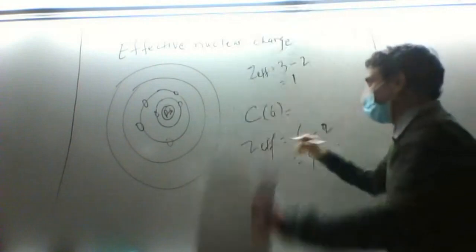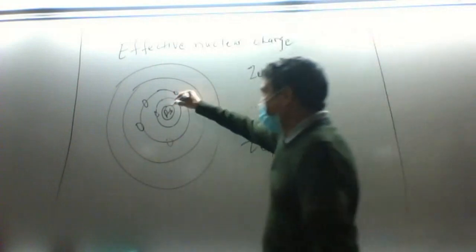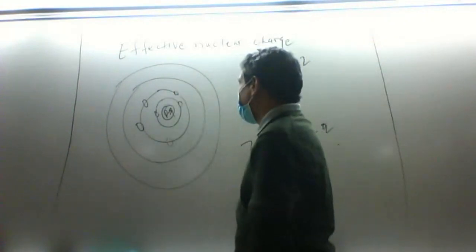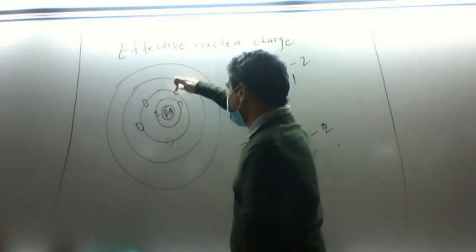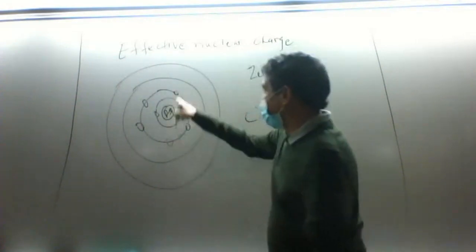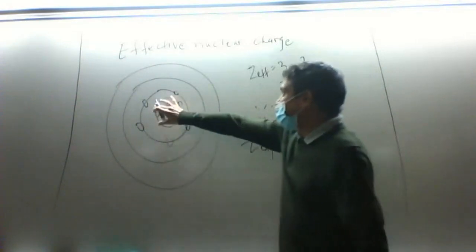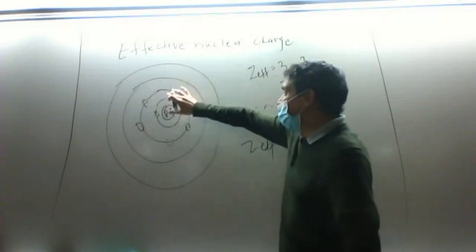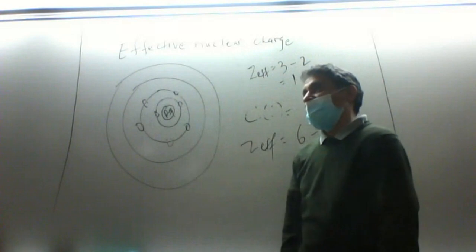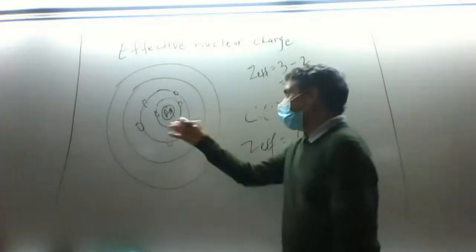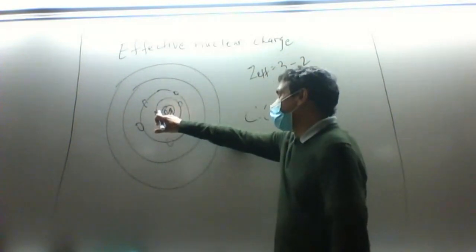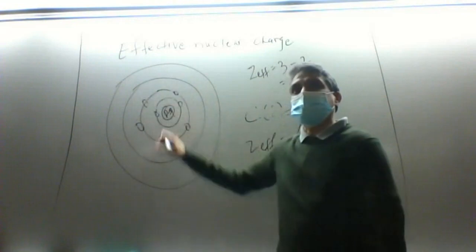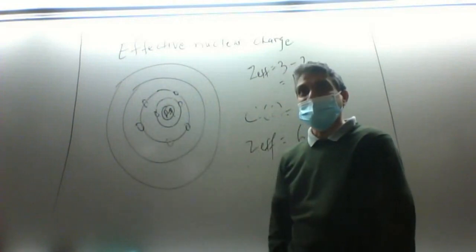Now you can keep going. You go to 7. 7 is nitrogen, and there are 7 protons. So 2 electrons are already there, then 1, 2, 3, 4, 5. So the total number of electrons is 7. These two are blocking the charge. So about five units of force these outer electrons are experiencing from the protons, right?